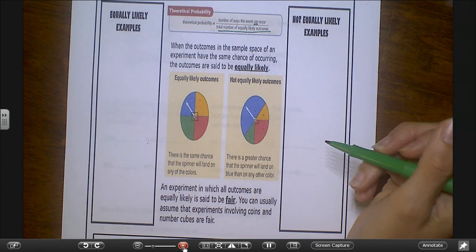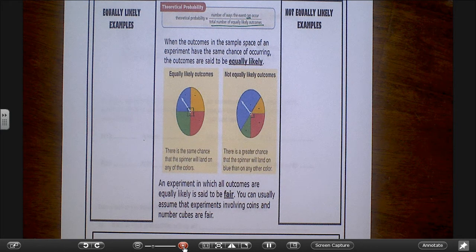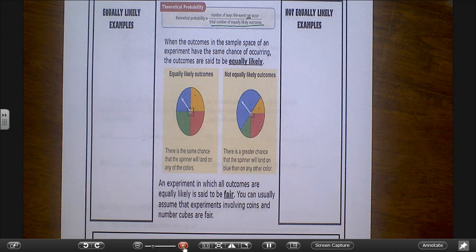So those are not equally likely. So if you roll a die, and the die is weird and it has 2 3s on it instead of a 1, 2, 3, 4, 5, or 6, then obviously those aren't equally likely. All right, so you have to make sure you're dealing with equally likely events when you deal with theoretical probability.